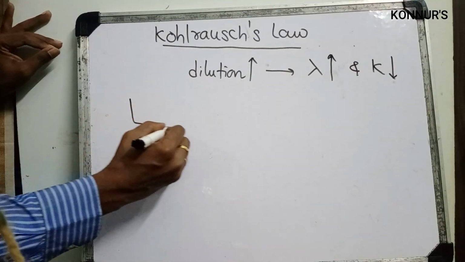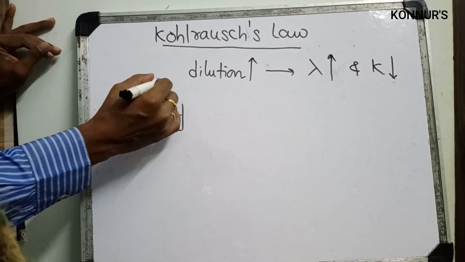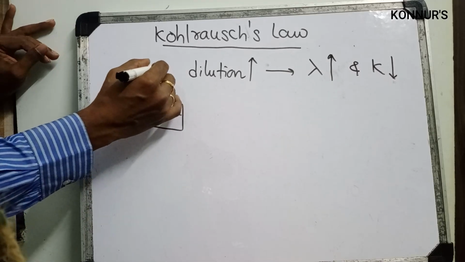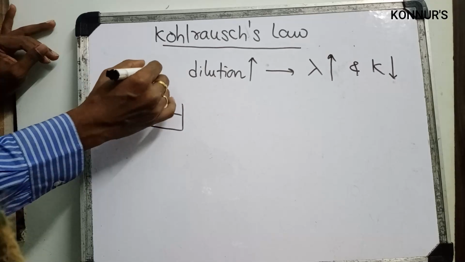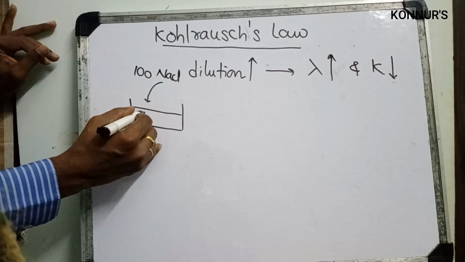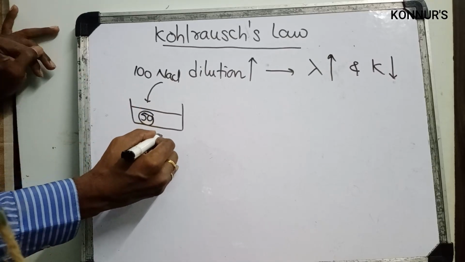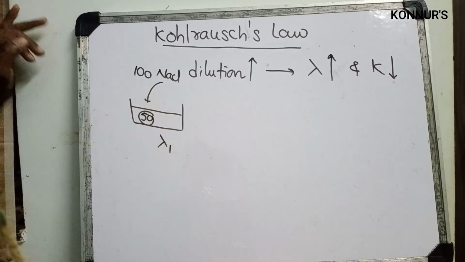Suppose we take one beaker of water and add 100 molecules of NaCl. Then 50 dissociate and 50 do not dissociate. This conductance is lambda 1.